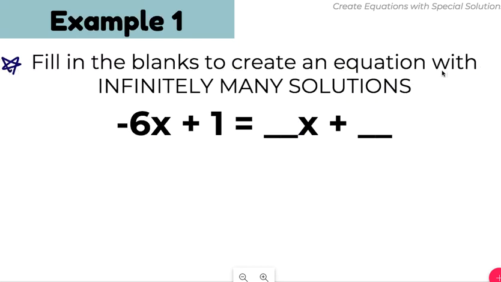So copy these instructions. Fill in the blanks to create an equation with infinitely many solutions. Copy the instructions down and then label this first problem example 1. Include these blank spaces as well. So hit pause, get that copied.